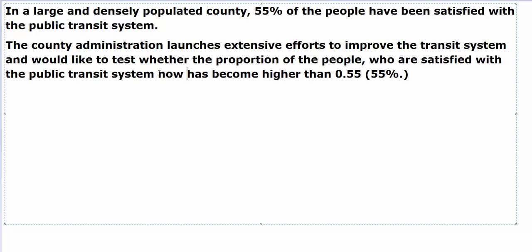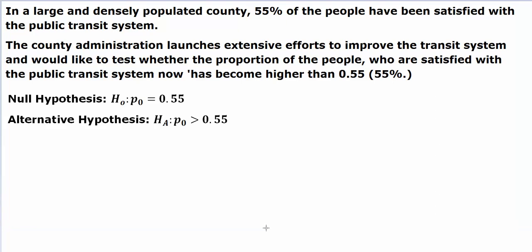Okay, so let's see how would we test this, how would we conduct this hypothesis test. So in this case, our null hypothesis is what?